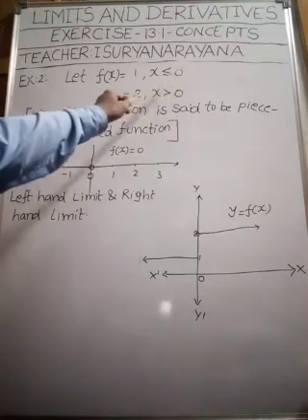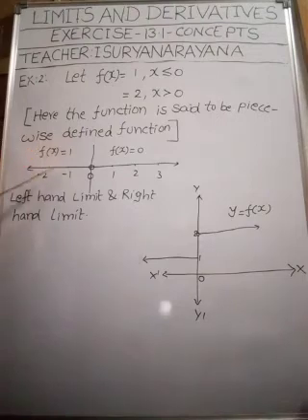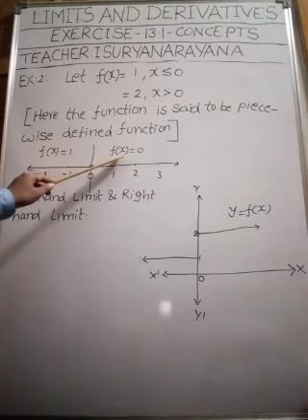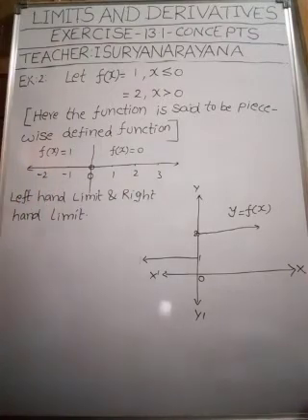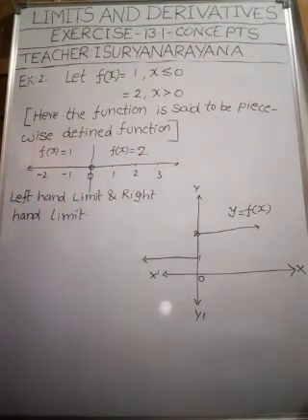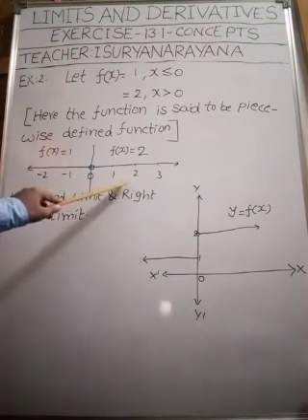The point is 0 here. As x is approaching 0 from the left, f of x value is 1. As x is approaching 0 from the right, f of x value is 2. So if you want to find the limit of this function as x tends to 0, we have to find the left hand limit as well as the right hand limit.